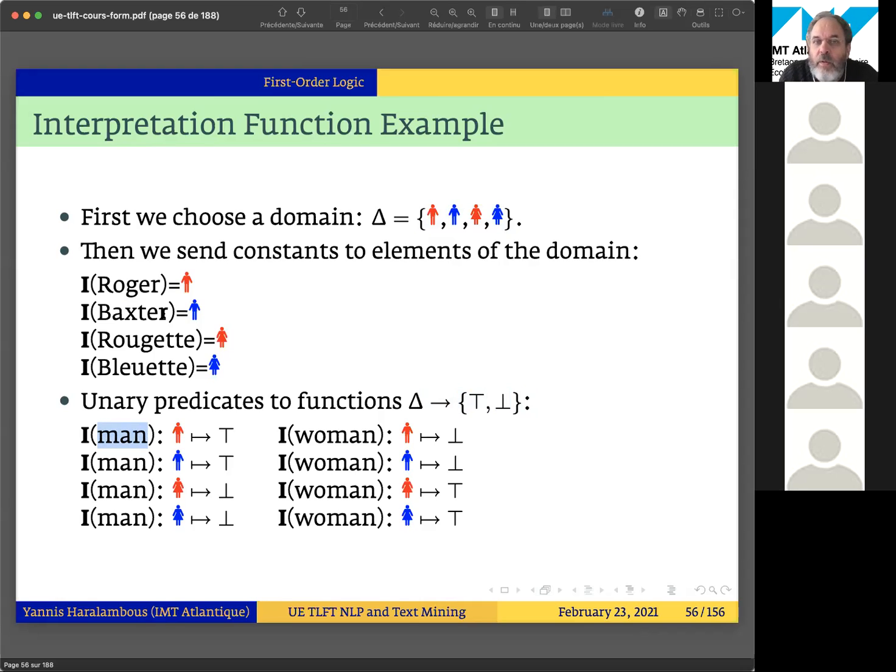By its values. I have 4 elements in my domain, so by giving the values of these 4, I get a complete description of my function. Here it is. And here is another complete description. So there is a way of saying Roger, man Roger is true. Man Rougette is false, and so on.